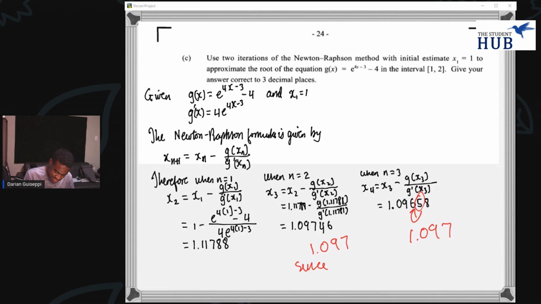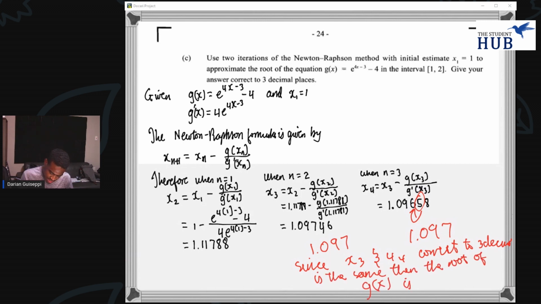Since x3 and x4 correct to 3 decimal places are the same, then the root of g of x is equal to 1.097, or the approximate root, because remember, it's an approximation at the end of the day. And that is basically it.